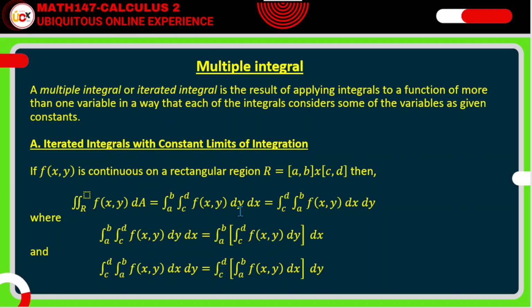As you can see, the order of integration is first with respect to y and then second with respect to x. So the inner limits are for the y variable and the outer limits are for the x variable.